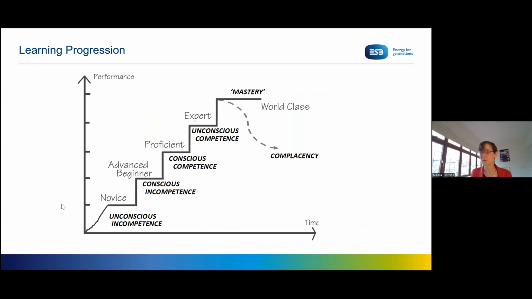But once they're somewhere in the advanced beginner to proficient level, then we know we can work with them, we can help develop them further, and we can help move them on. So we need them to be at least consciously incompetent, ideally consciously competent, and working on their way towards being experts in those skills in the same way as they're working on their way to be expert technically.